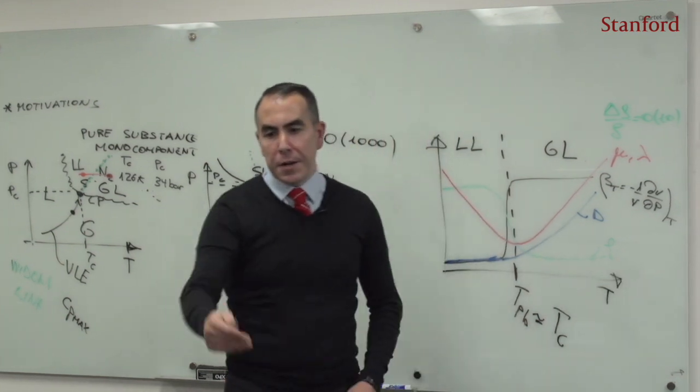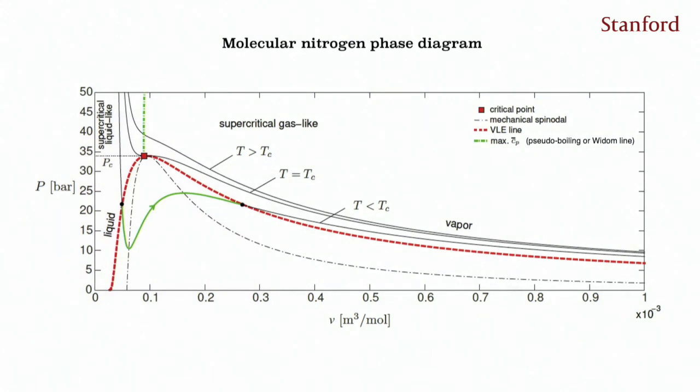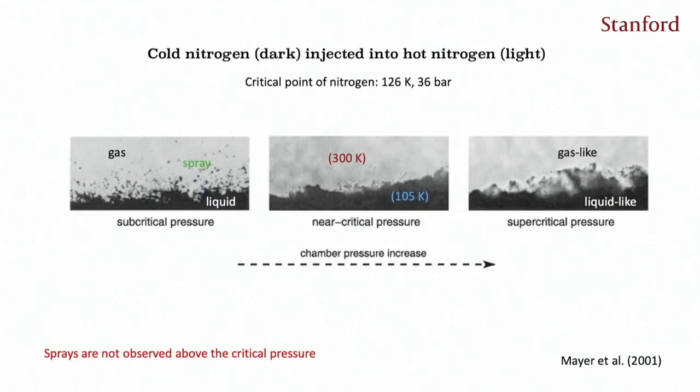So you can see the result of what is going to happen in experiments. Here I'm showing you the same diagram calculated with the Peng-Robinson equation of state, so you can see the different lines that I was sketching. And here you have experiments.